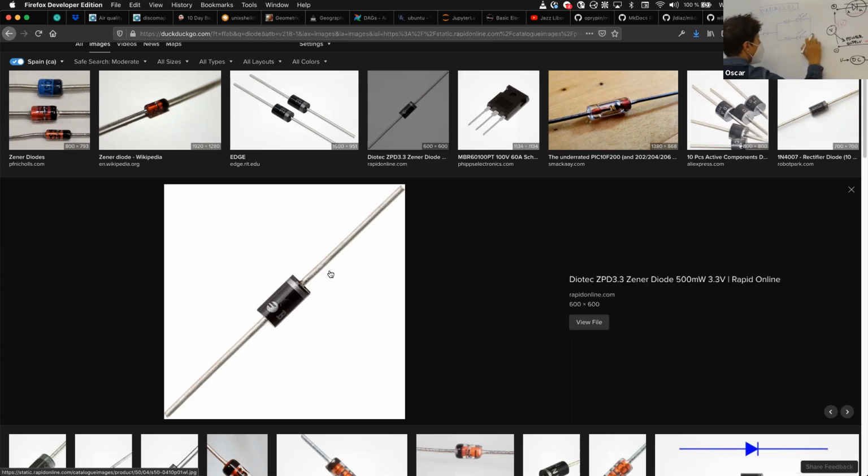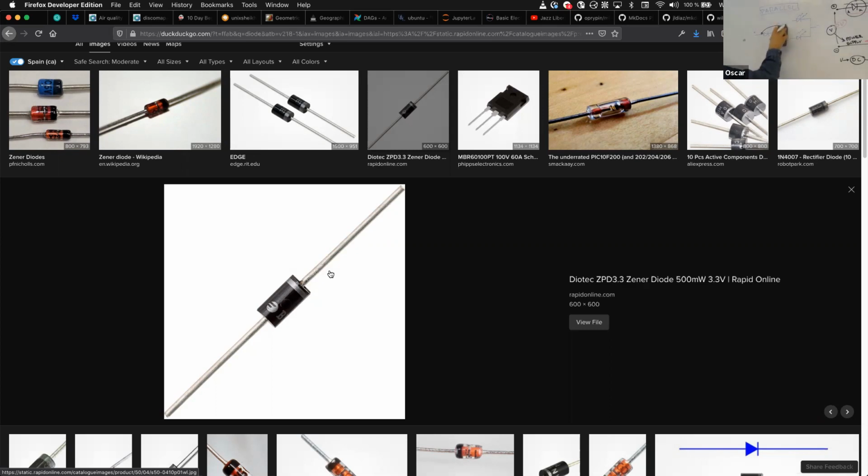So these are connected, and this is the negative, and this is the positive. Right? So in this case, things matter. I cannot switch this and put it here because I changed the circuit.